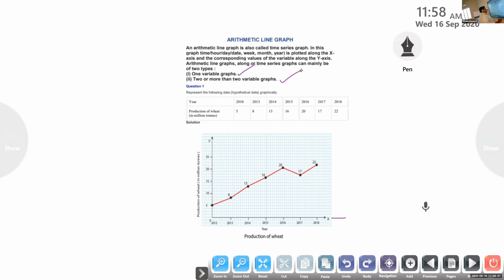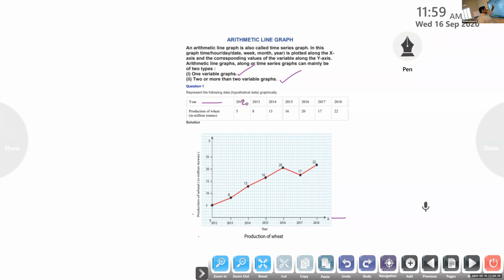Here in this table, the years are mentioned on the x-axis, starting from 2010, then 2012, 13, 14, 15, 16, 17, 18, and the production of wheat in million tons.